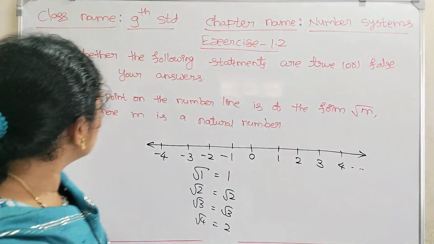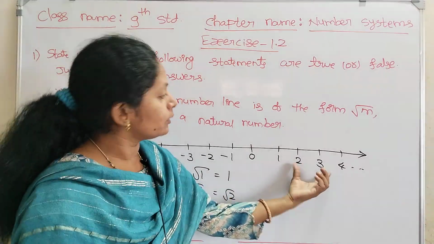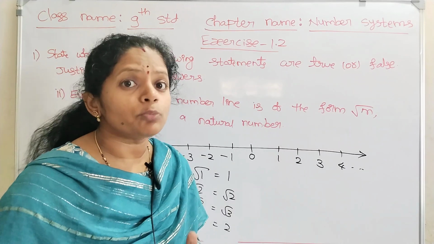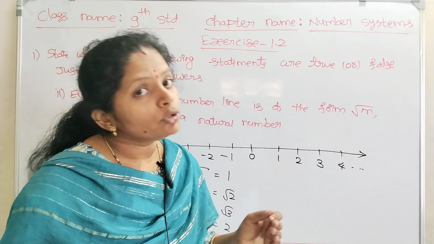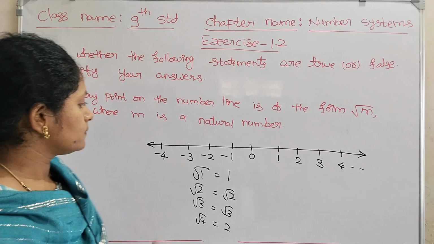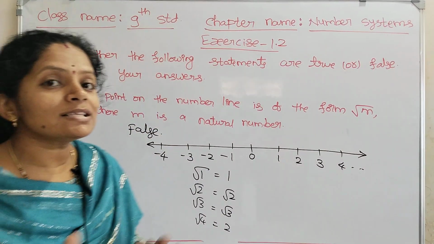So what about the negative numbers? If we apply the root on any natural number, is it possible to get a negative number? Not at all. So we can say that this statement is false. This is the reason behind it.